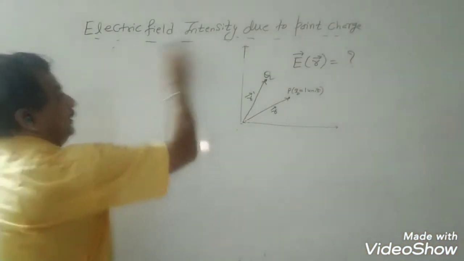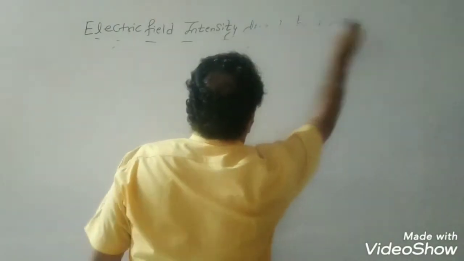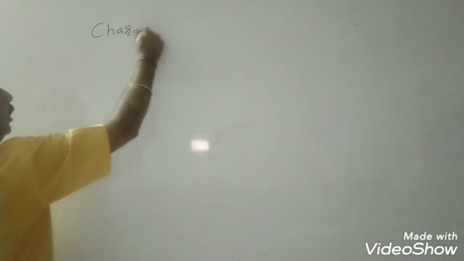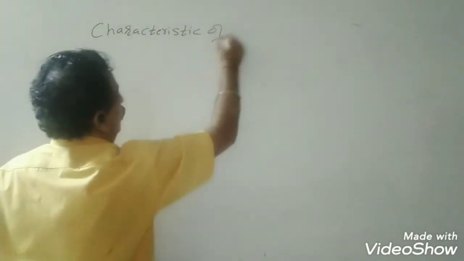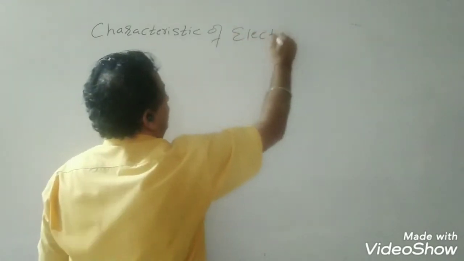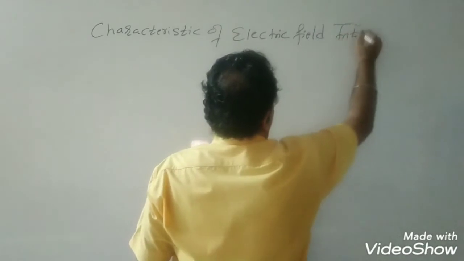So today we will write the characteristics of the electric field intensity. What are the characteristics, or what are the conclusions we can derive? So now let us discuss the characteristics of electric field intensity.